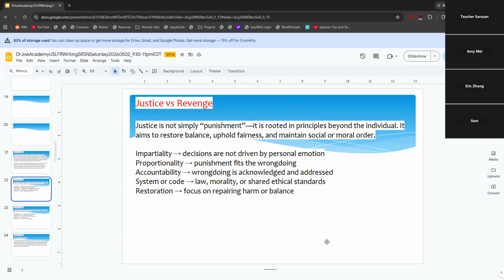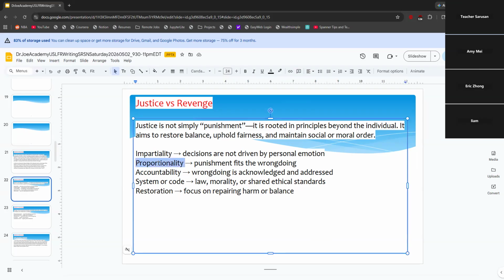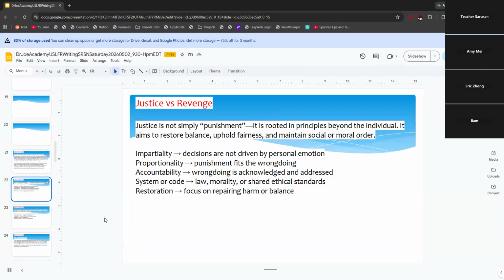So that can be in terms of making sure that everything is very proportional. Somebody's not getting a way worse punishment than someone else. There's a system in place, there's a code, there's a law in place. People are accountable, so if you do something wrong, you do deserve some kind of consequence. And you'll notice nothing here is really emotional. So it's a very logical approach to things. It's not like you're emotionally reacting to things.